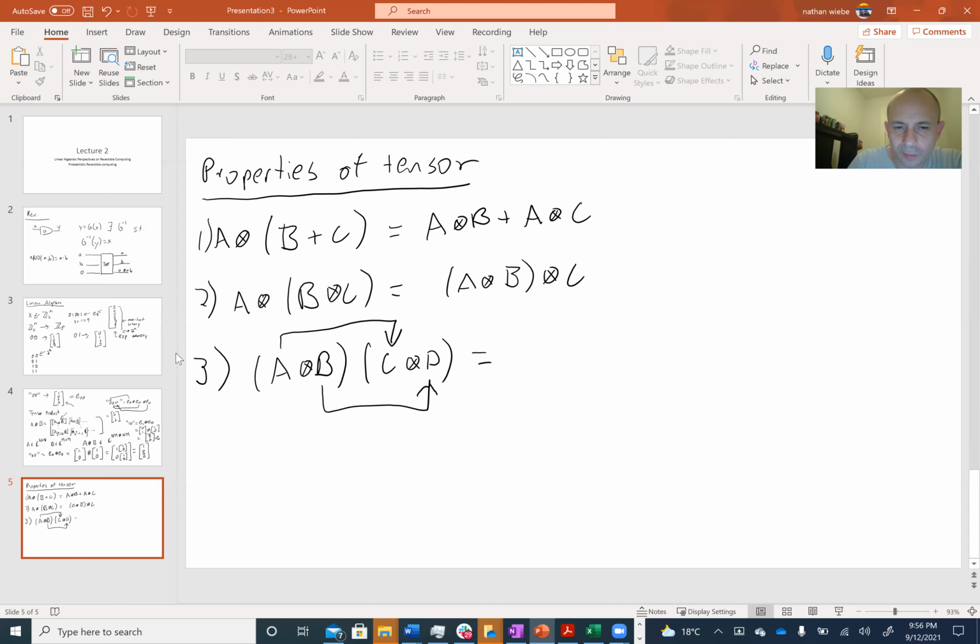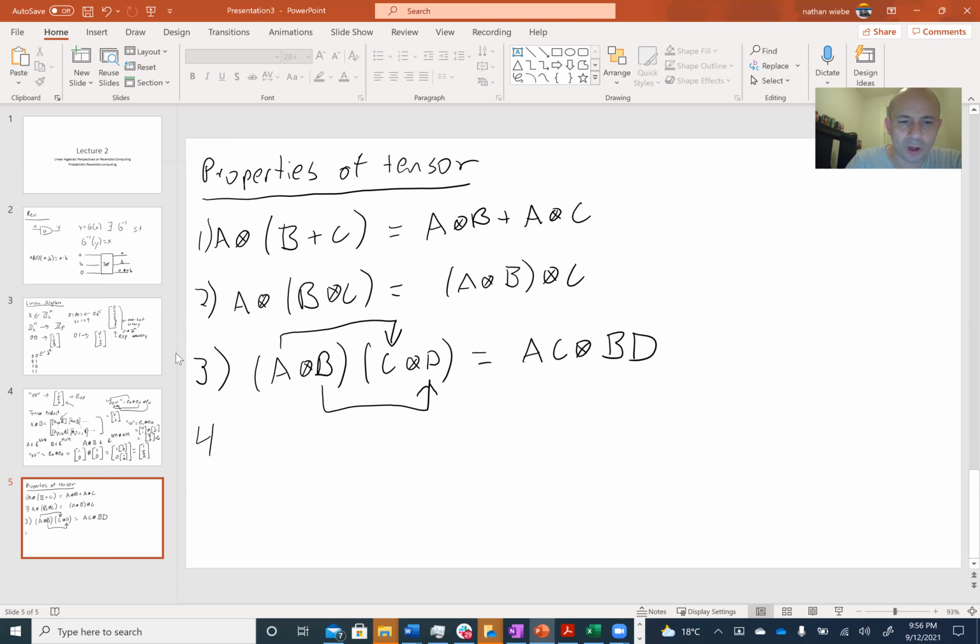So this ends up giving us AC tensor BD. Okay, and we're going to use this to simplify a ton of the work when we're dealing with quantum distributions later. So those are some of the properties.